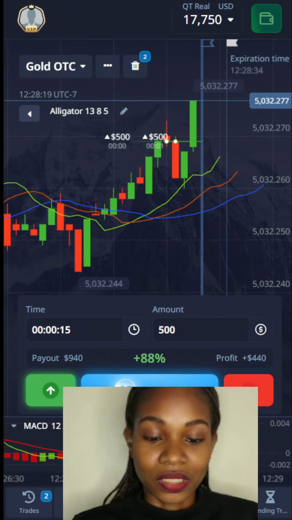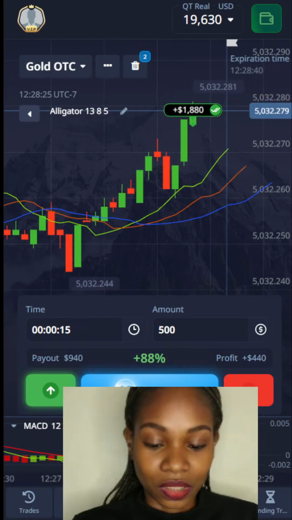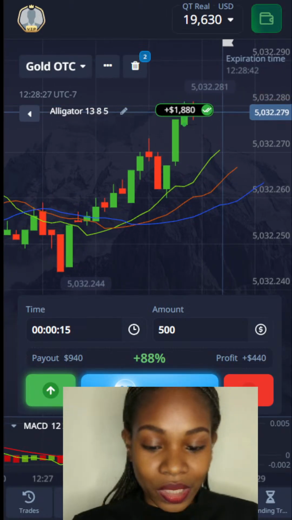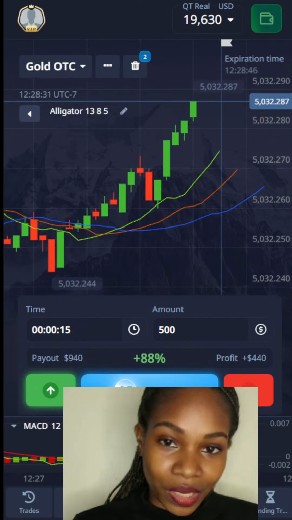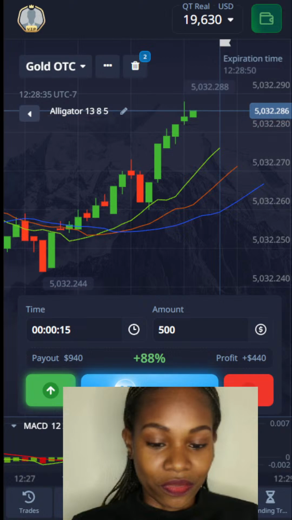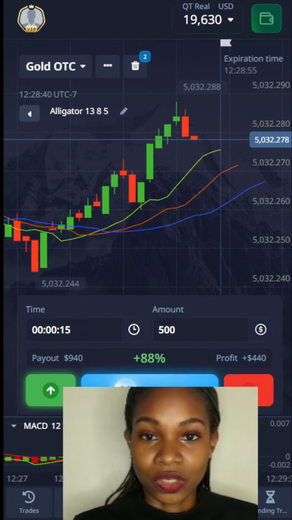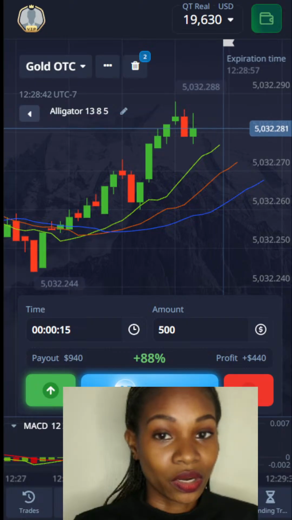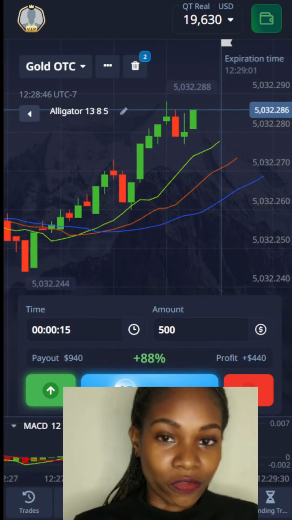Basically, the most important thing about these two indicators, we are looking at trend direction, momentum of that trend, then the potential reversals. Because in binary options trading, what we want is a confirmation of this particular trend.